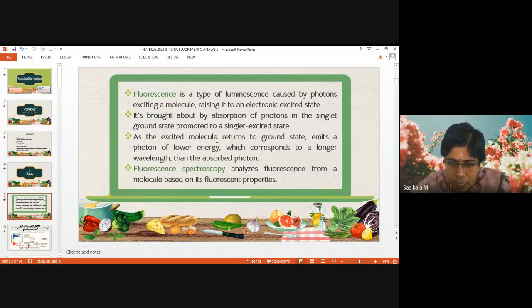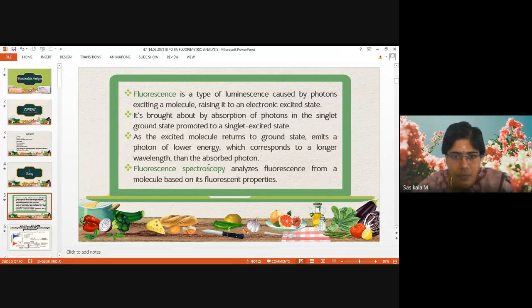That indicates longer wavelength. Whatever is absorbed by the molecule, the same energy cannot be emitted. Some radiation energy will be lost within the molecule, whereby it emits only lower energy radiation. That lower energy causes longer wavelength radiation.